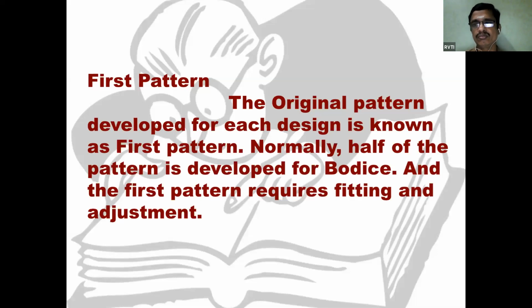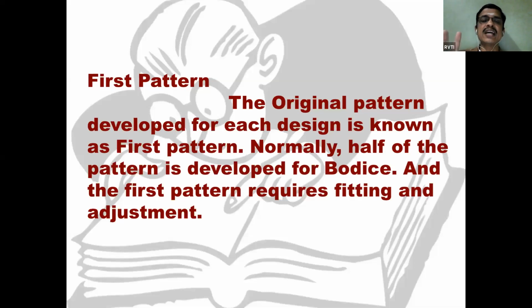For the back portion, I cut on the fold, one half of the pattern only, to get proportion similarity or balance. So after completing one design, the original pattern developed for each design is known as the first pattern.